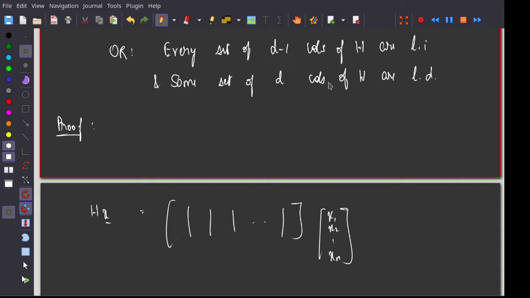Let's take the second part of this statement. Some set of d columns of H are linearly dependent. So what does that mean?